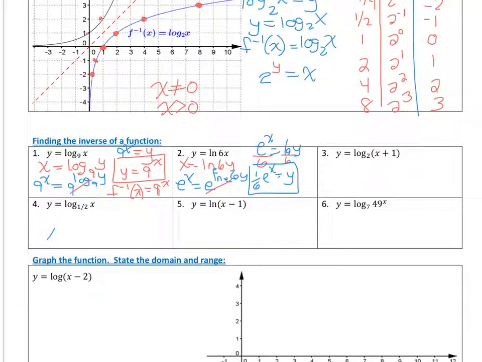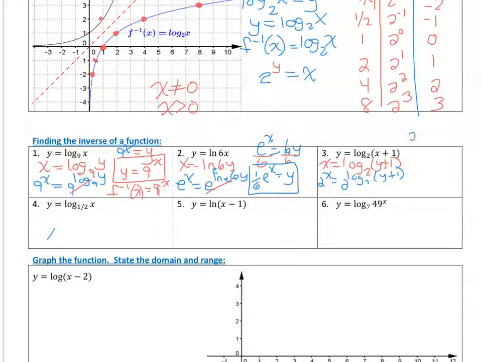Number 3, y equals log base 2 of the sum of x and 1. Replace y with x and x with y. And I have y stuck inside this log base 2, and so I undo that log base 2 with an exponential using the base of 2. So I'm going to say 2 to the x equals 2, and this whole thing then becomes a power.